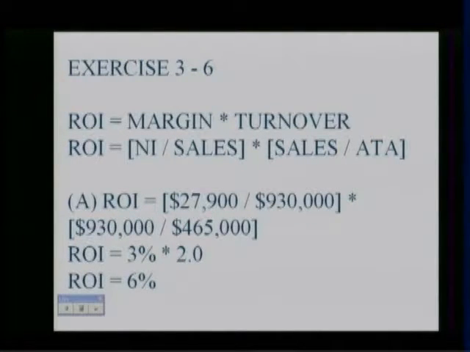Well, if our sales are $930,000 and our average total assets are $465,000, we can compute our turnover. Our turnover would be 2. So ROI would simply be then our margin times our turnover, which would be 3% times 2, or an ROI of 6%.